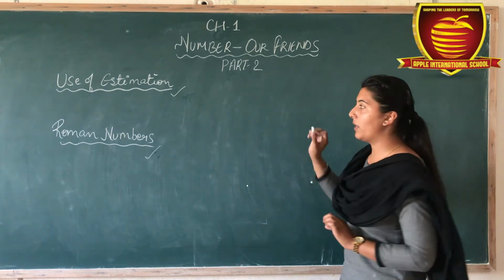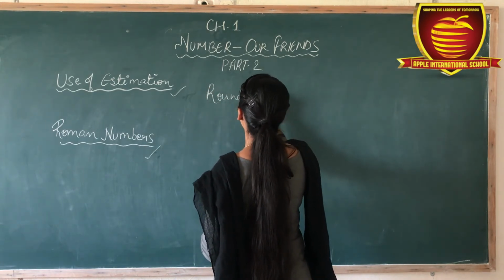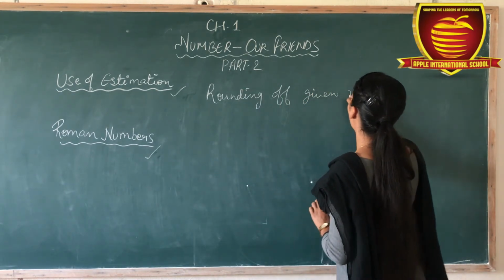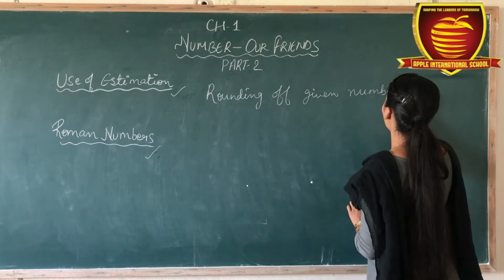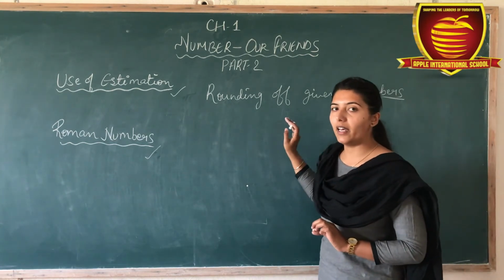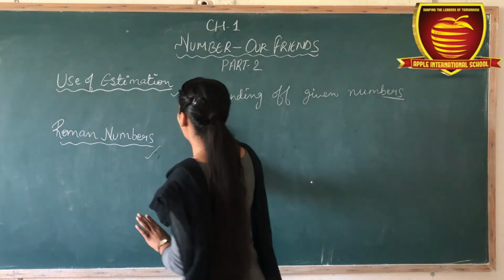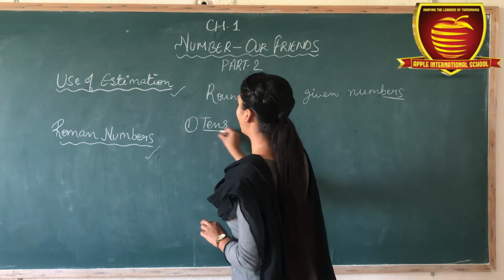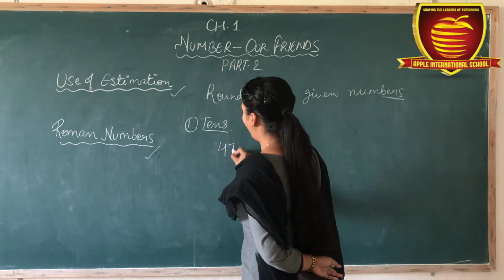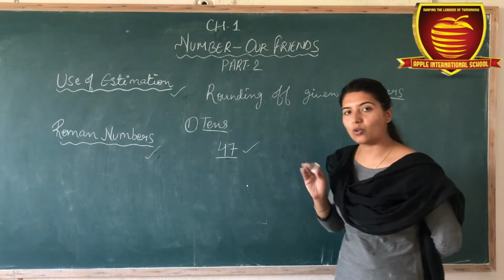So that is an estimation. Due to estimation, in this chapter we learn about the rounding of given numbers. Firstly we have to learn the rounding of a particular number. The first case is nearest to tens. I take the number 47. 47 is nearest to which?